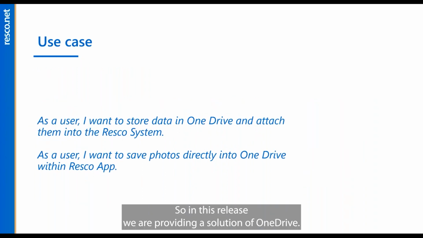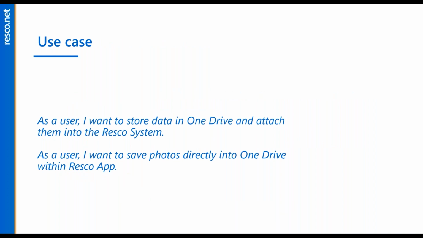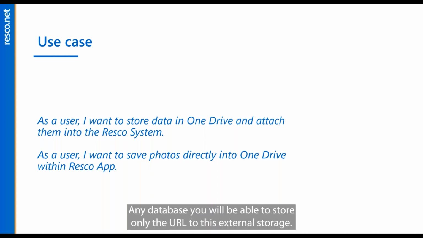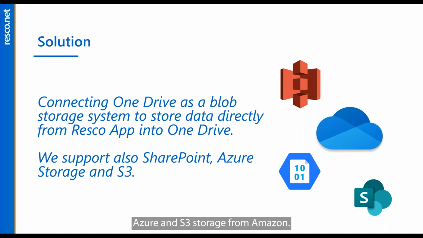So in this release, we are providing a solution for OneDrive. So if you are using OneDrive in your company, you're able to store data like videos, files, images directly in OneDrive, and in the database you will be able to store only the URL to this external storage. And in this release, we are adding OneDrive, but in the past we also delivered SharePoint, Azure, and S3 storage from Amazon.